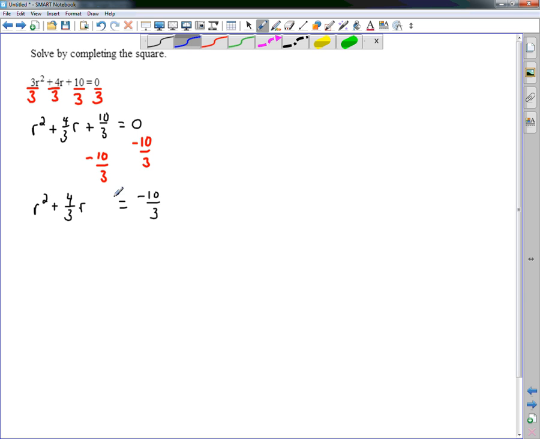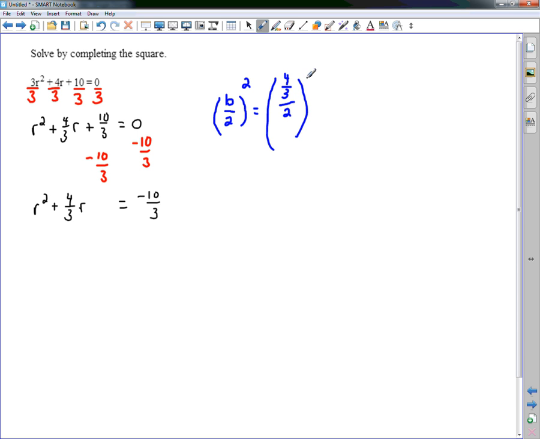To find this value, we have the formula b over 2 squared. Remember, b is the number that is in front of the r or the x, the term with the power of 1. So in this example, it's 4 thirds. So I have 4 thirds divided by 2, being squared.